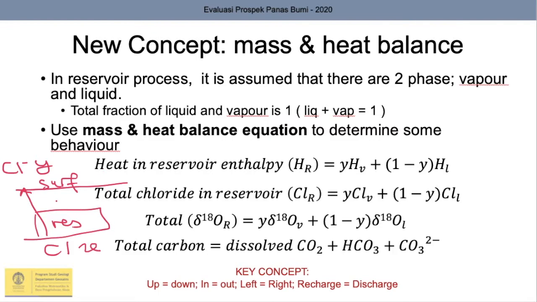However, there are some adjustments, because during the ascent of the fluid there might be some change in composition, but we assess the changes in the composition so we ensure that the concentration between the reservoir and the surface will always be equal at any time.